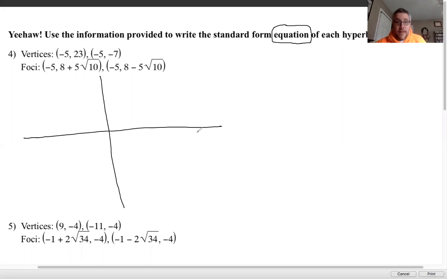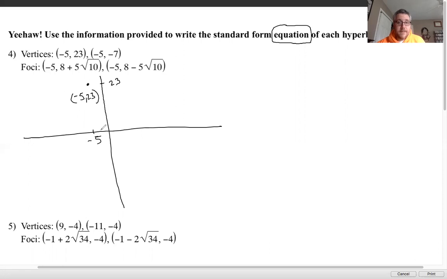And I'm going to put in the vertices. So the vertices are at -5, 23, which is a little bit left and quite a lot up. So something like that. If I say this is -5 and that's 23, and then I'll put in the coordinates here. That is -5, 23, okay?